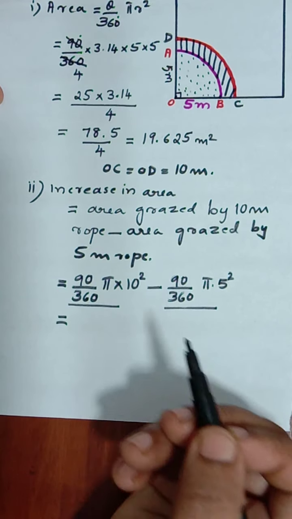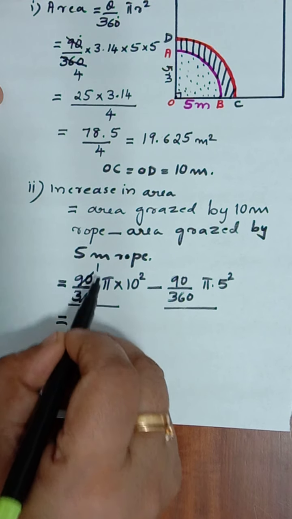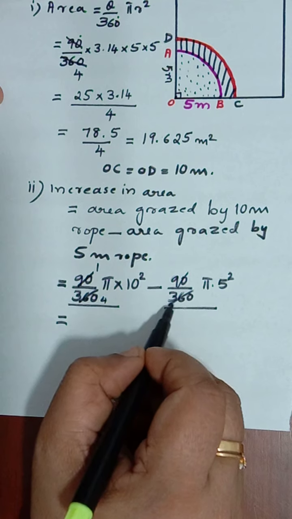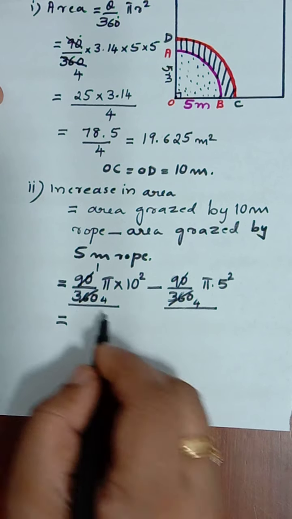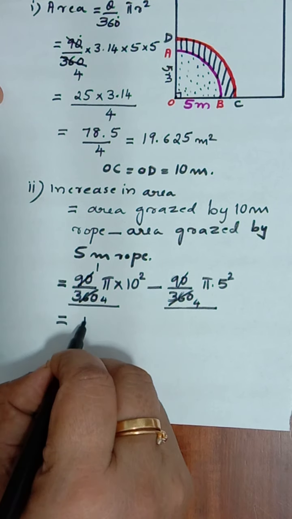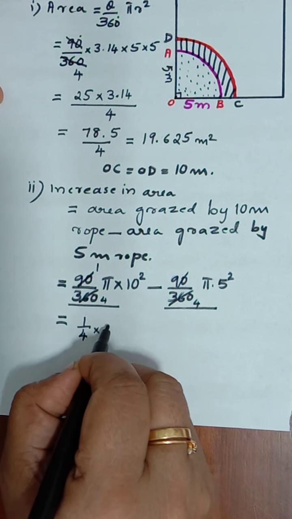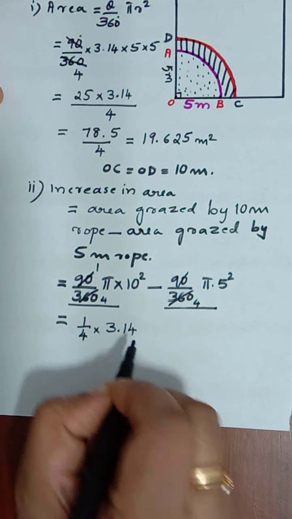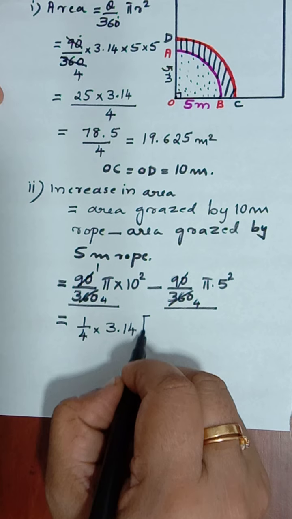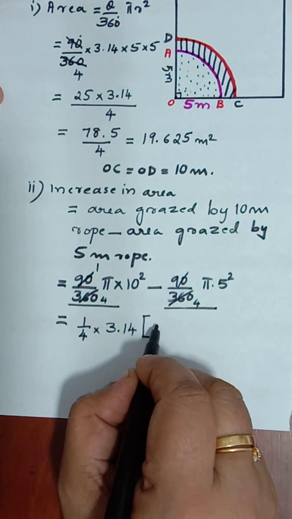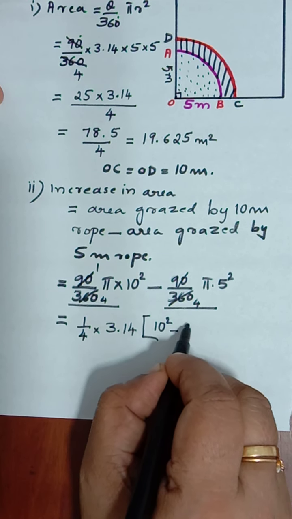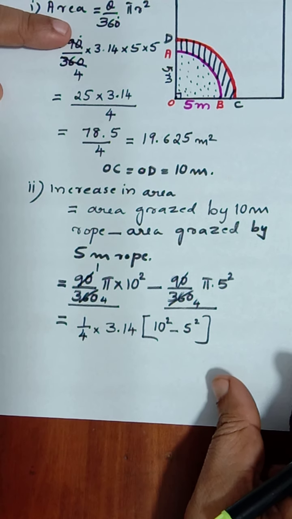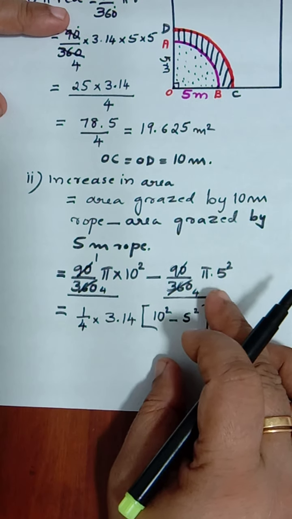This value is common. That means it is 1 by 4. Here also 1 by 4. 1 by 4 pi is common. That is 1 by 4 into, they have mentioned 3.14 as your pi value, into that is also common. We are left with the 10 square minus 5 square in the bracket.